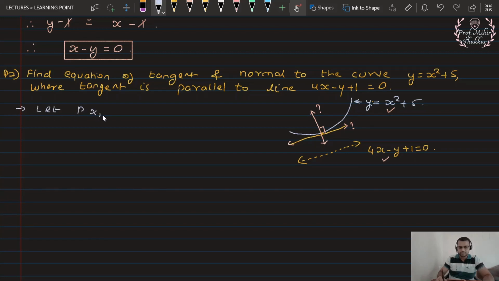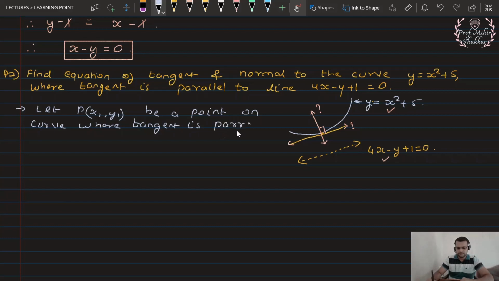let P(x1, y1) be a point on the curve where tangent is parallel to line 4x minus y plus 1 is equal to 0.